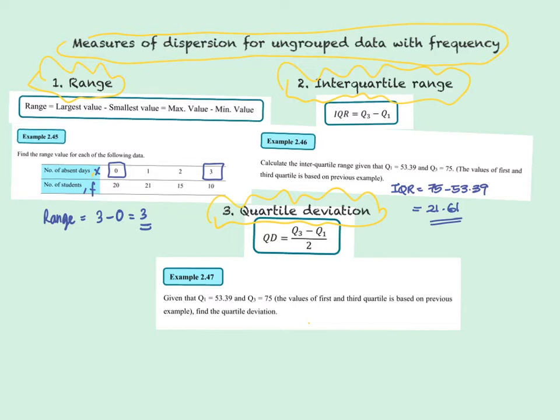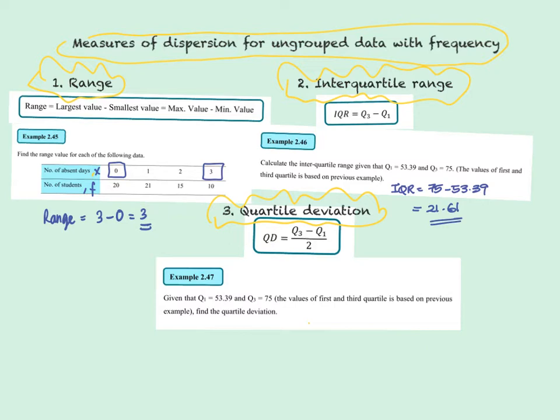And then for formula number 3, we have quartile deviation. Quartile deviation is not affected by extreme values, but since we are only discussing quartile 3 and quartile 1, we only discuss 50% of the distribution, and the other 50% is ignored.